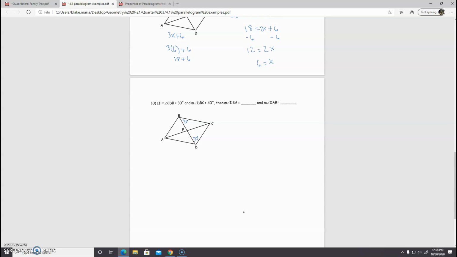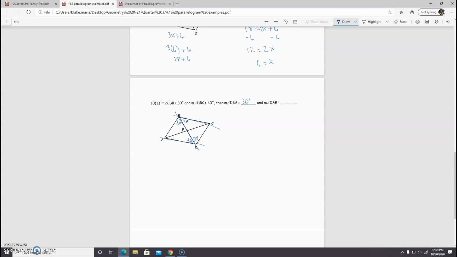Here again, parallel lines cut by a transversal. Let's sketch it out. Alternate interior angles are equal. So we know this whole angle is 70 degrees. We know this whole angle is 70 degrees. They wanted DBA. Oh, we just found it, 30. DBA is 30.